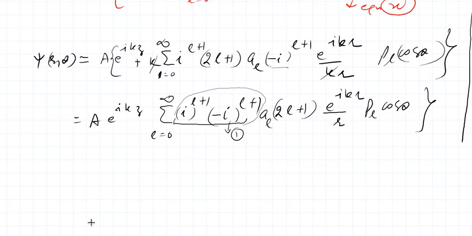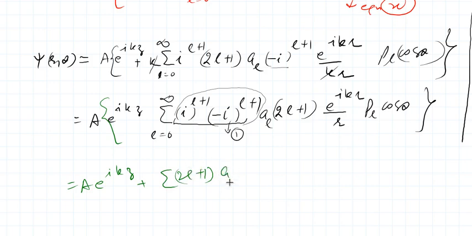So this wave function is, sorry, a e raised to power iota kz, summation 2L plus 1, and AL e raised to power iota kr over r, and it is PL cos theta. Right? That's what we are getting for the intermediate region.